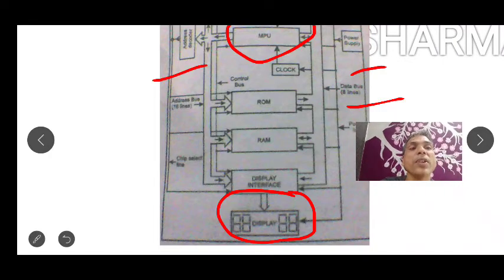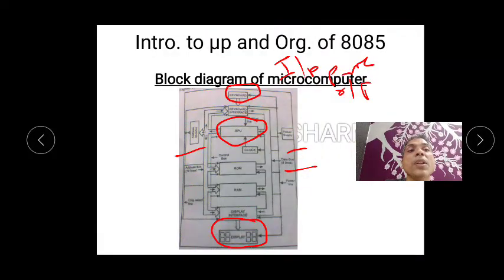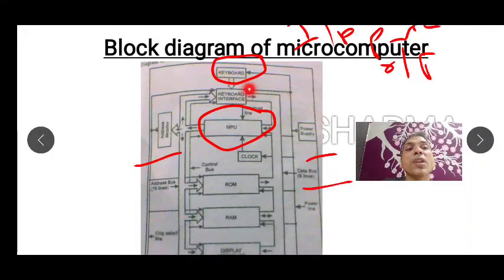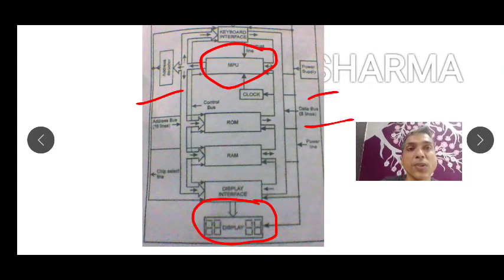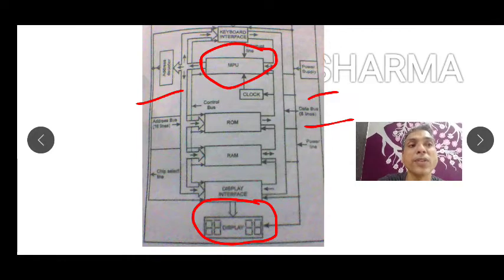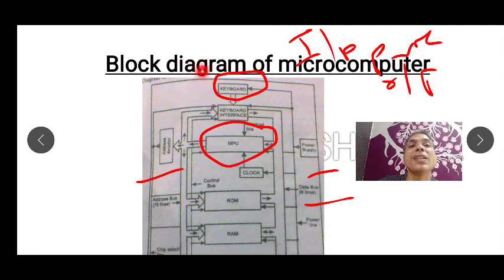Interfaces are also there: keyboard interface, display interface, and control, and there will be buses also. You might know that buses are nothing but wires through which data or any type of signals will be transferred from one place to another. So this is nothing but a block diagram of a microcomputer.